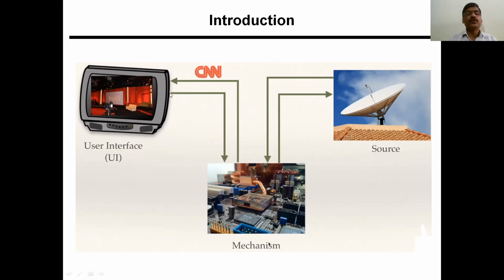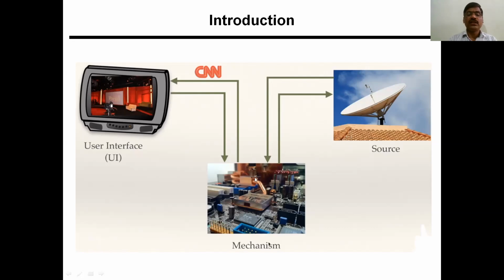For example, you want to view the CNN channel. Then you will select that channel on the user interface. Then that request goes to the internal mechanism. That internal mechanism is nothing but the circuit system and everything internal to the television.